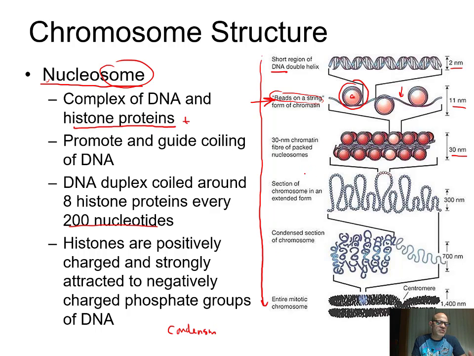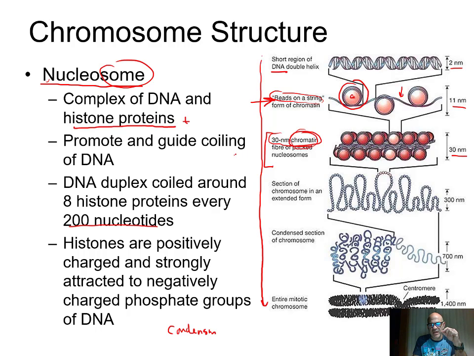Now, in your typical cell, at any given point in time, the DNA is often thought to exist at about this level right here, where it's about 30 nanometers. And we can refer to that as the chromatin. At that level, you can't see it with a light microscope. So when you're looking at cells under a microscope, you're not going to be able to see the chromosomes because they're in the form of chromatin most times.